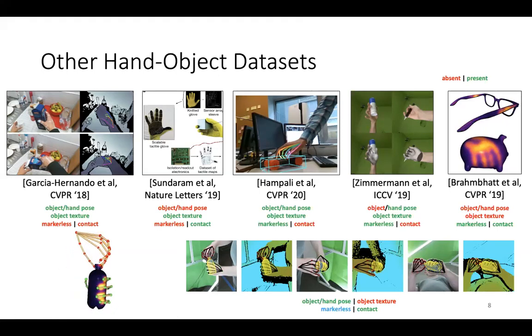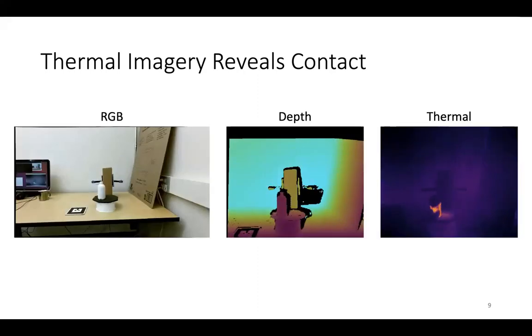All right, the main technology used to capture contact is thermal cameras. Here I'm showing you the stream coming from three different kinds of cameras after somebody has held the object using their bare hand for some time and then put it on this turntable.